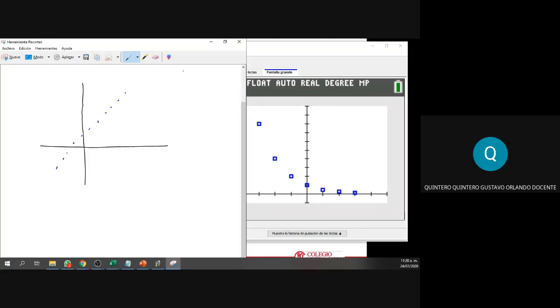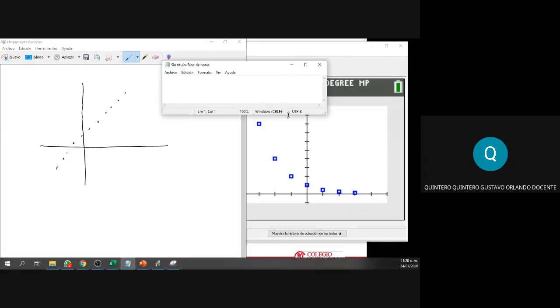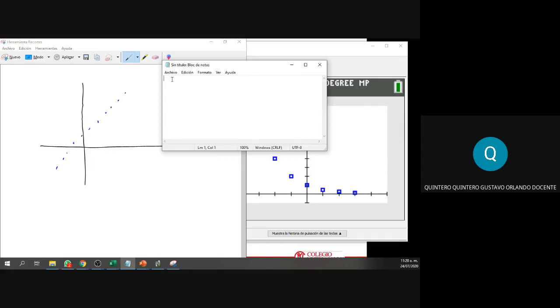Now, we know a couple of functions that we have studied in the past. I'm going to write those types of functions in here. First, we have linear functions. Second, we have quadratic functions. Third, we have any type of polynomial, right? So cubic functions, or maybe quartic functions, right?